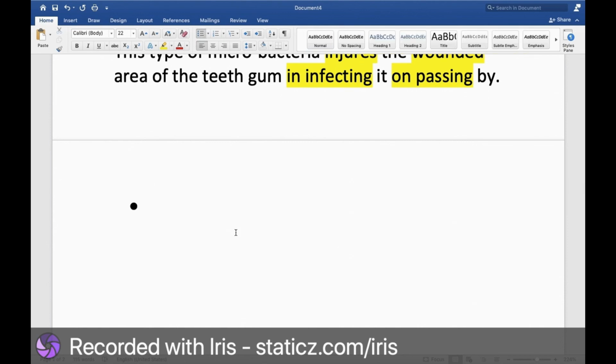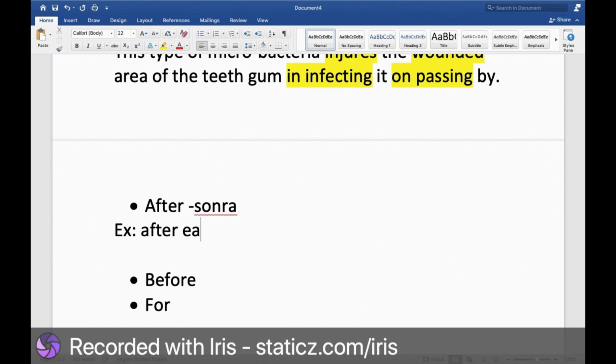And also there are some time adverbials that from now on we are going to use when we already know. So we have after, before, and for, these three. After means "sonra." This is also a preposition. For example, "After eating, brush your teeth."